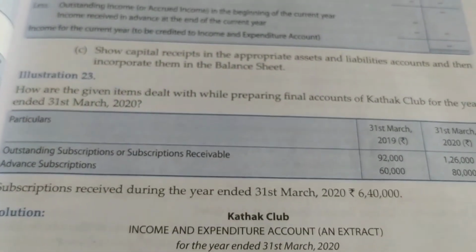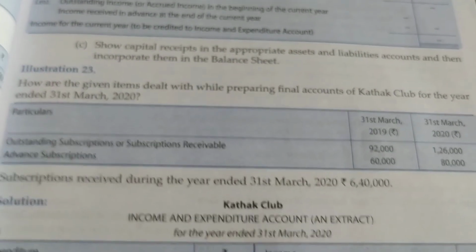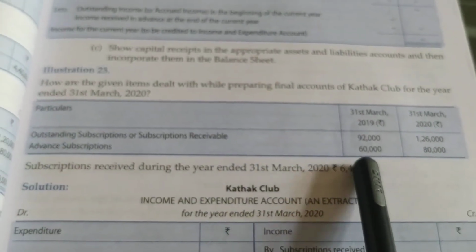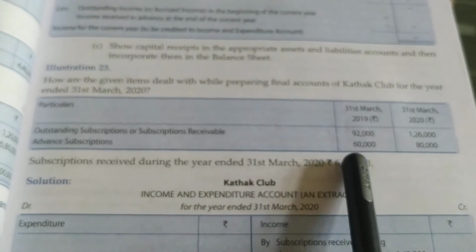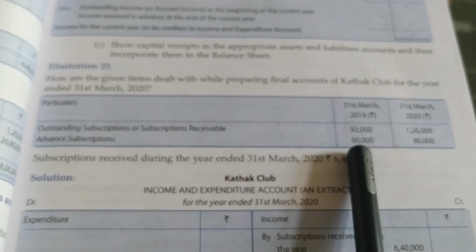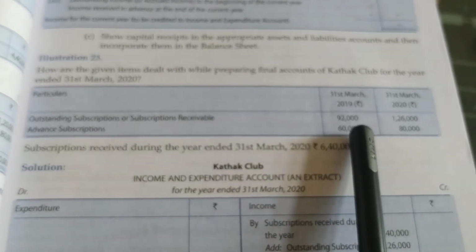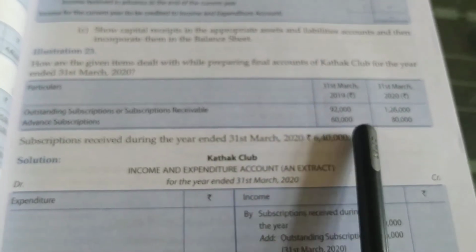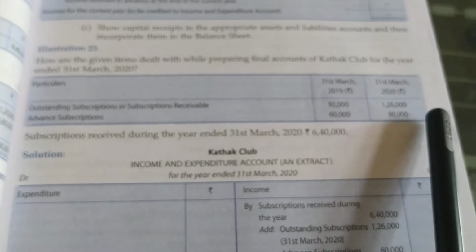Next is the advance subscription. The date is 31st March 2019, 60,000. It means on this date an advance is received. Obviously, when an advance is given, it is for the next year. When an advance subscription is paid by the member on 31st March 2019, it will be for the next year, that is, from 1st April 2019 to 31st March 2020.